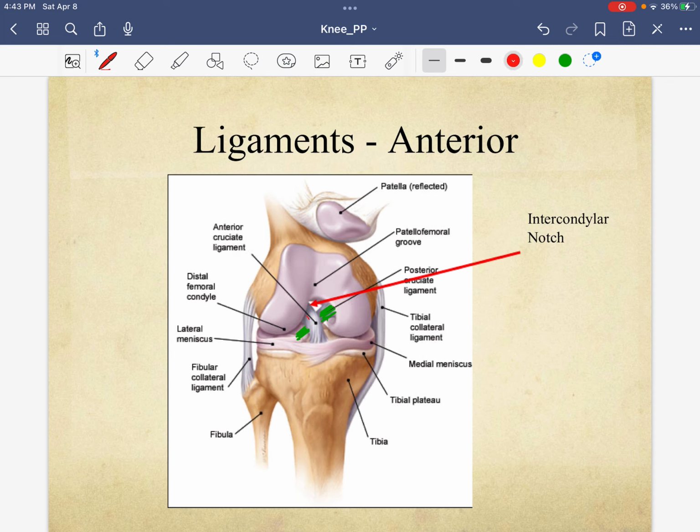If the ACL is in red here, anterior medial tibia to posterior lateral femur, the PCL runs exactly opposite it. You don't need to know which direction. Just need to know that the ACL and the PCL form an X in the center of the joint, the anterior one is more visible on the anterior side, and that they work together to prevent excessive anterior and posterior translation of the femur on the tibia.